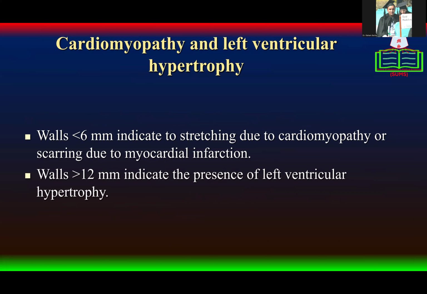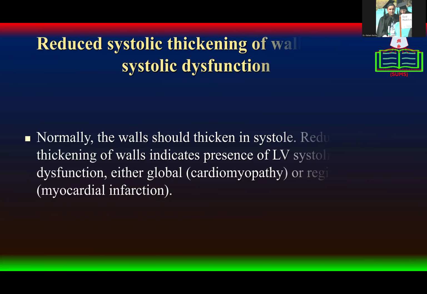In the case of myocardial infarction, some tissue of the heart is dead, infarcted, and that's why it will be thin. If the walls are greater than 12 mm in dimension, then that will represent the presence of left ventricular hypertrophy.